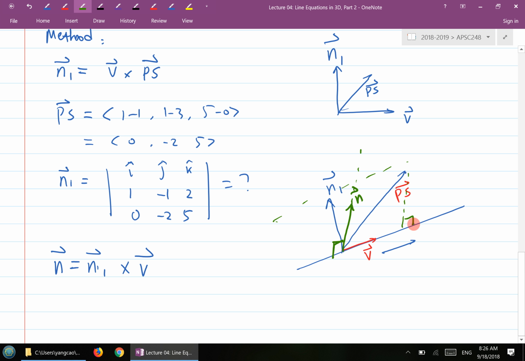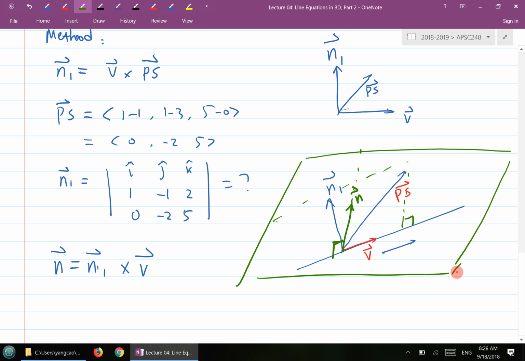It's not completely flat in the drawing, but you can probably visualize this is in a plane like that. So two cross products. The first product creates this N1, and the second cross product creates this N here. And that N is the normal direction to the line L.